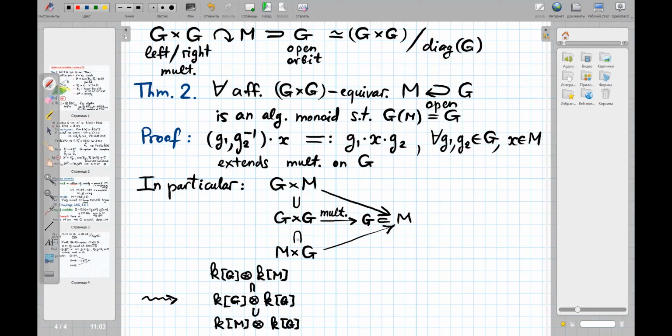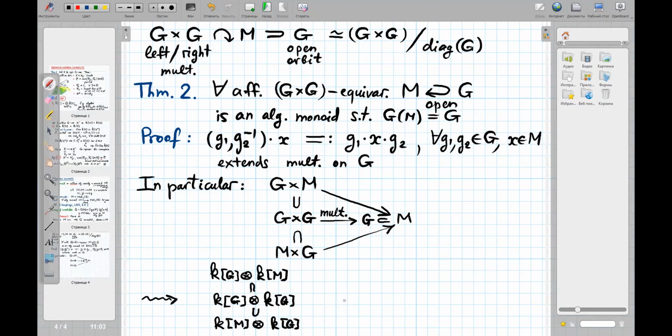These inclusions are reversed relative to these inclusions because G cross G is an open subset in G cross M and in M cross G. So there are more regular functions on the open subset than on these affine varieties, above and below.